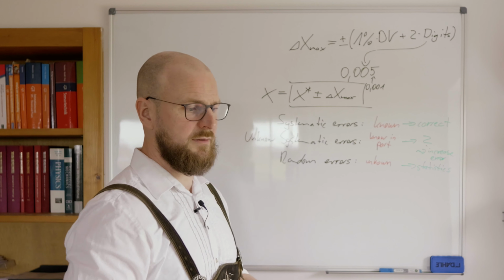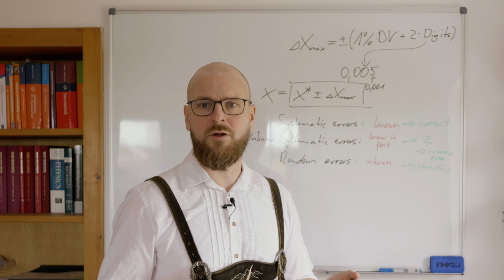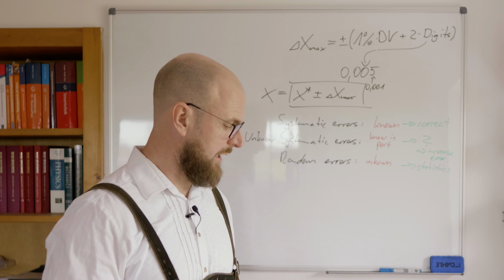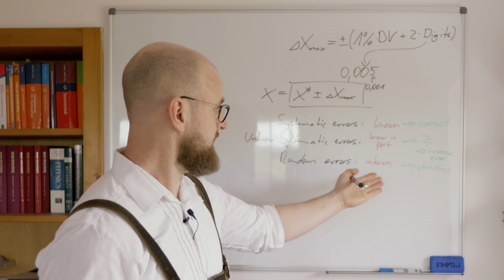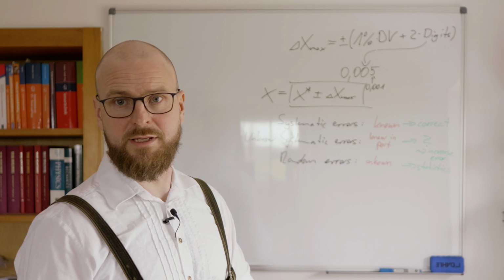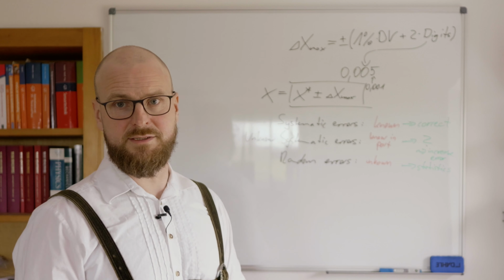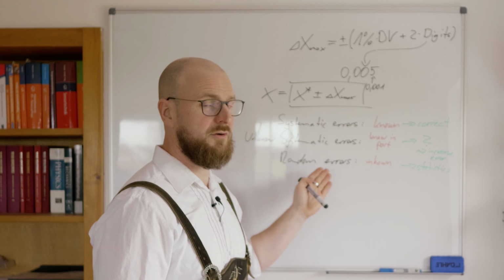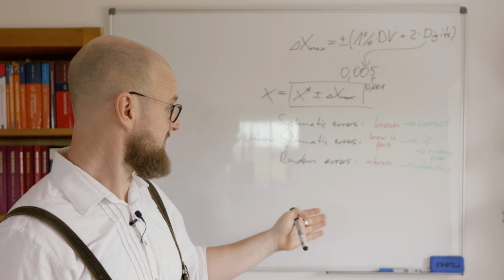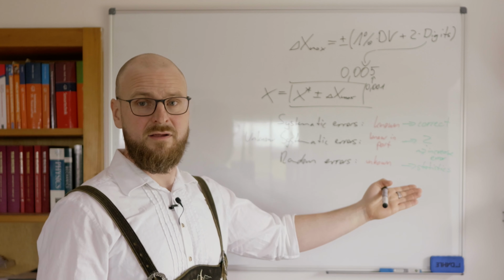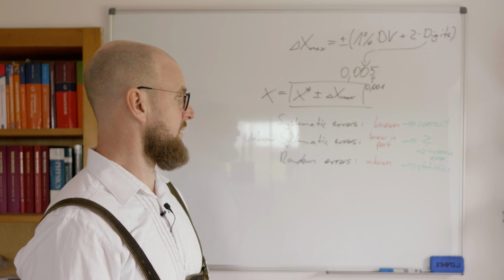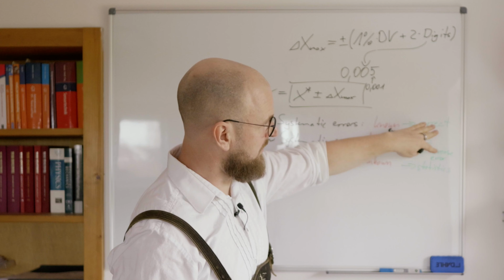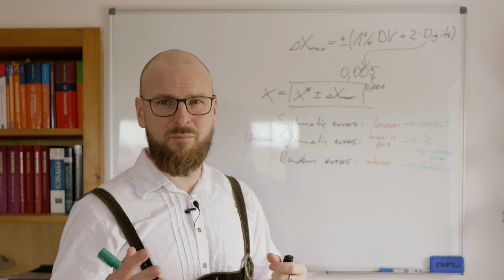So, for example, calculating a mean value, calculating a standard deviation. That's statistical treating of random errors. The nice thing about randomness is that we have some methods to cope with those errors at all. So you see, we have some things we can do about all errors.